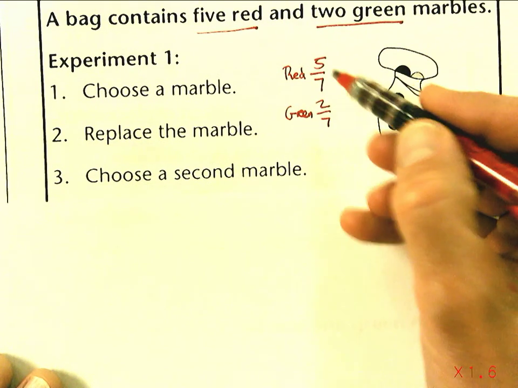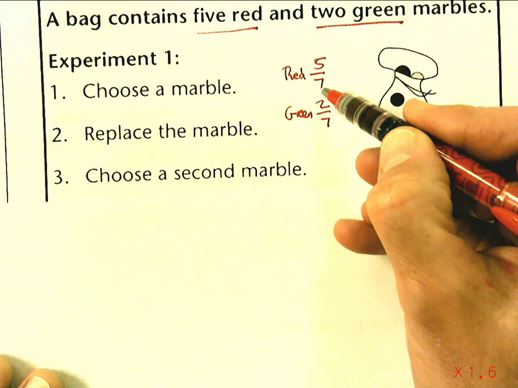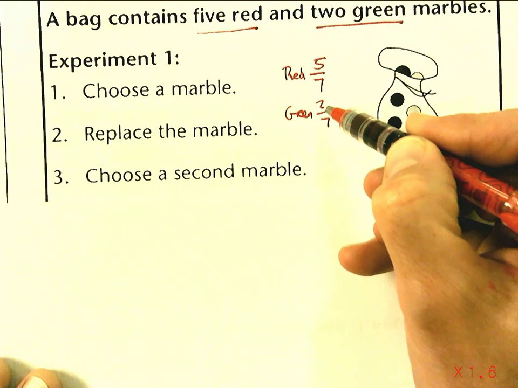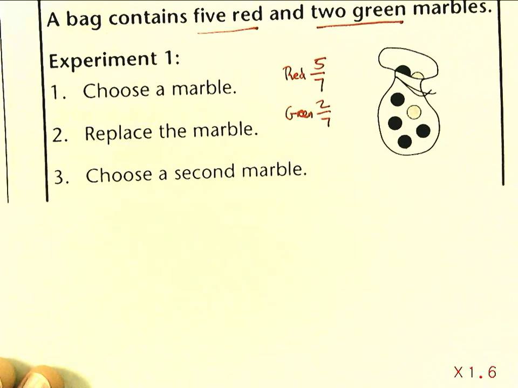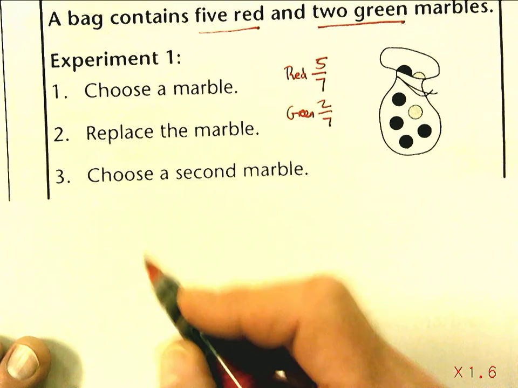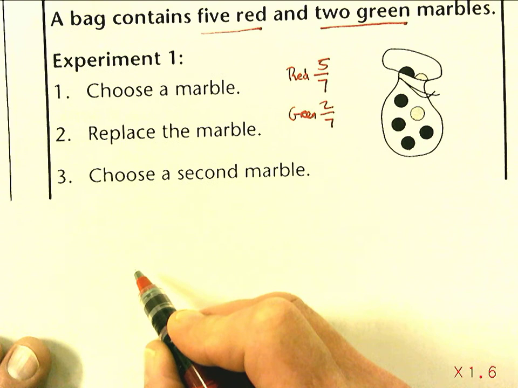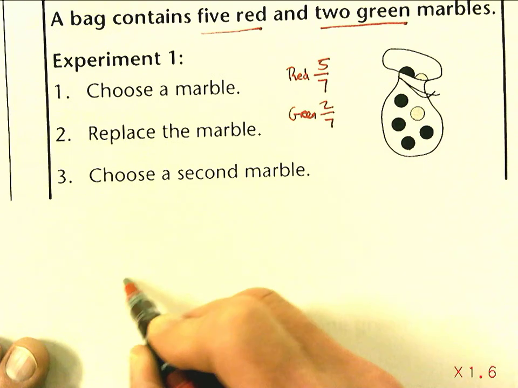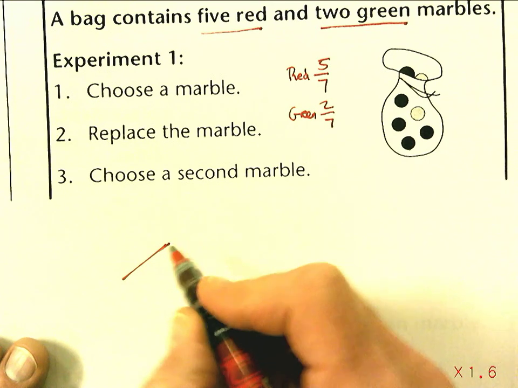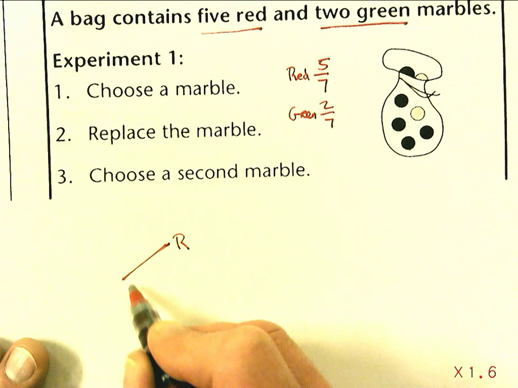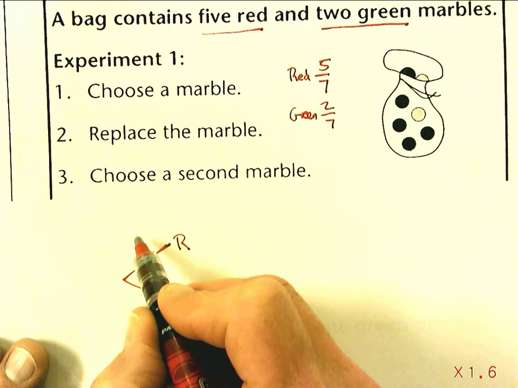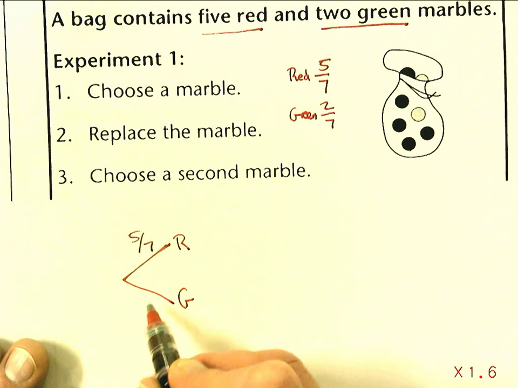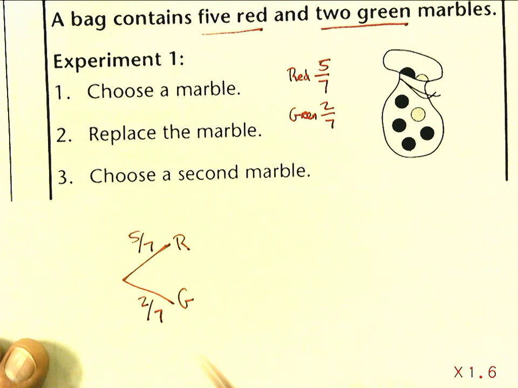Remember that there are 5 out of 7 reds and 2 out of 7 greens, but that's if all the marbles are in the bag. So we're going to make a new tree diagram and think of this scenario. The first draw, nothing has changed, so we have red or green, and it's 5/7 or 2/7.